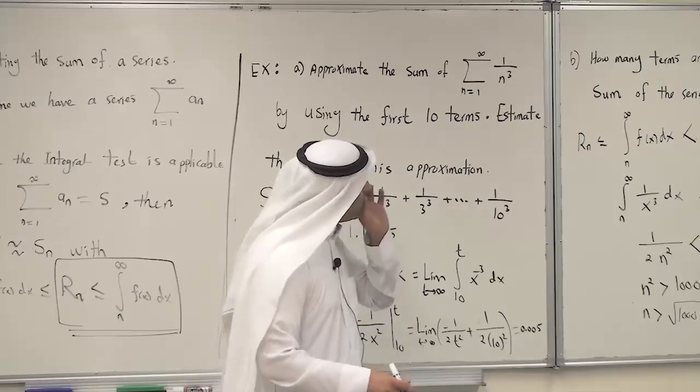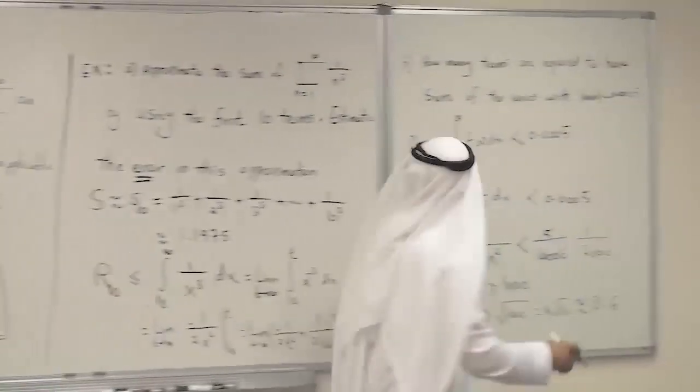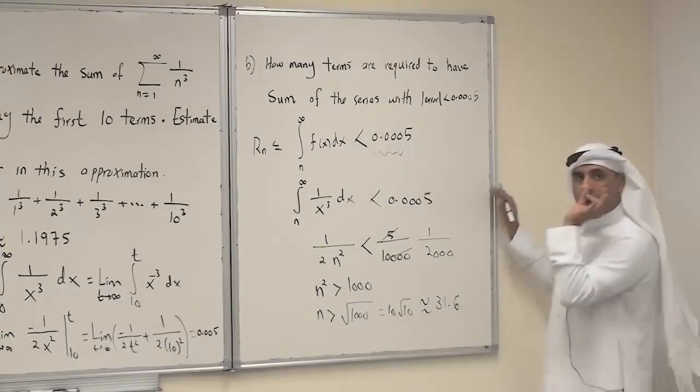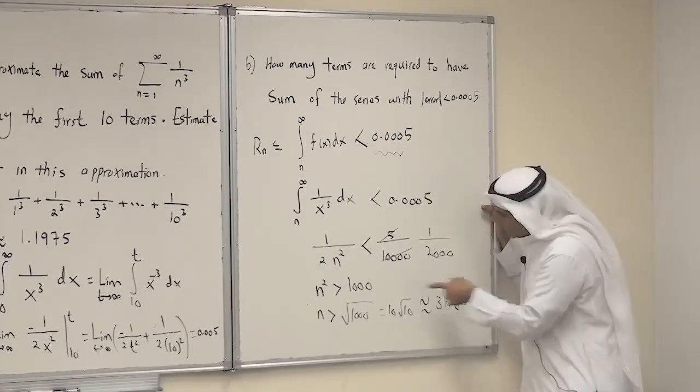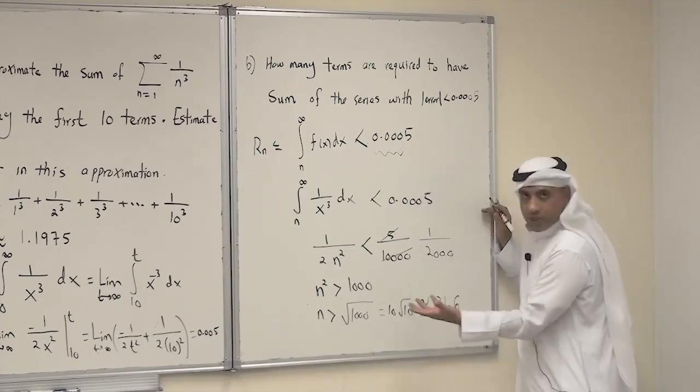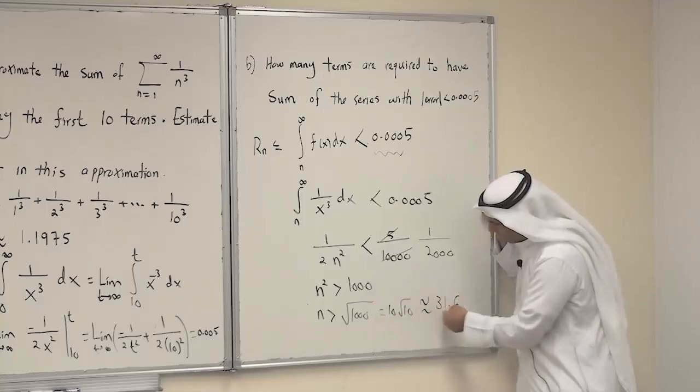Now, in order to have the error in the estimation less than this number, we need to add a number of terms greater than 31.6. Of course, the number of terms should be an integer greater than 31.6.